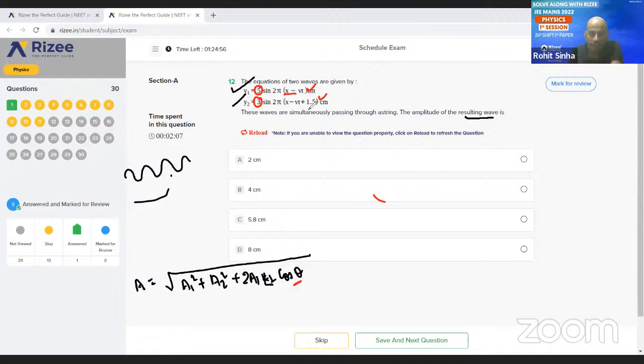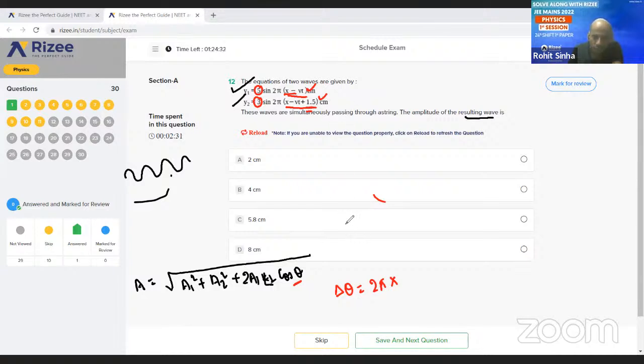There is some phase difference also. To find the phase difference, we will do it like this: 2 pi into the path difference. If you subtract this factor from this factor, you will get a resultant of 1.5.